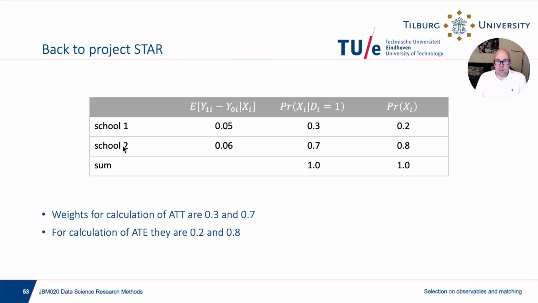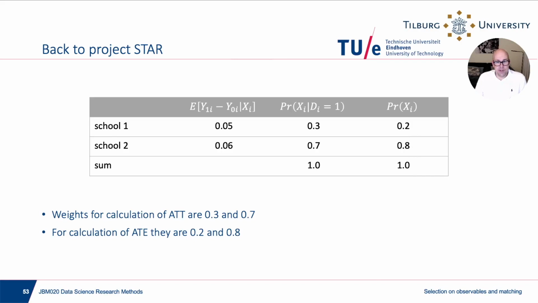So I have school 1, school 2, the average treatment effect in school 1 and school 2, and the probability to be in school 1 given that one has been treated, 0.3. Since they have to sum to 1, it's 0.7 for the other school, and the probability to be in school 1 unconditionally is 0.2. So I have 0.2, 0.8, and 1.